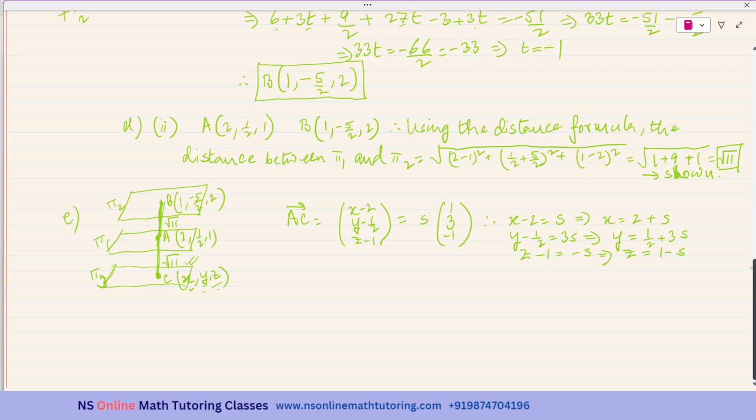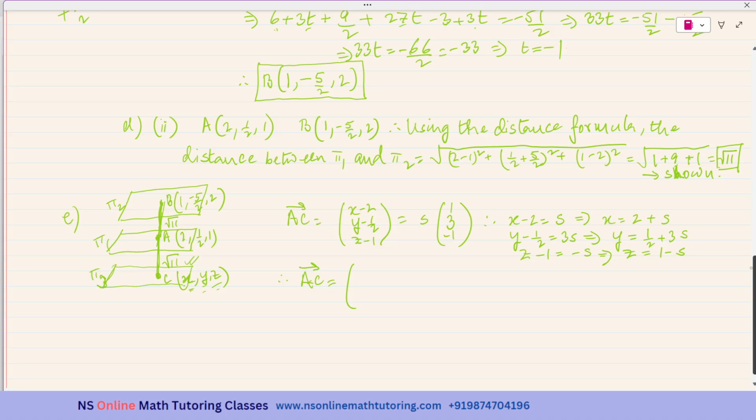Okay? So, now again I come to AC. Therefore, AC vector, now I will be expressing the AC vector in terms of S. And I'll be getting the magnitude of AC vector, which will be equal to root 11. Okay.